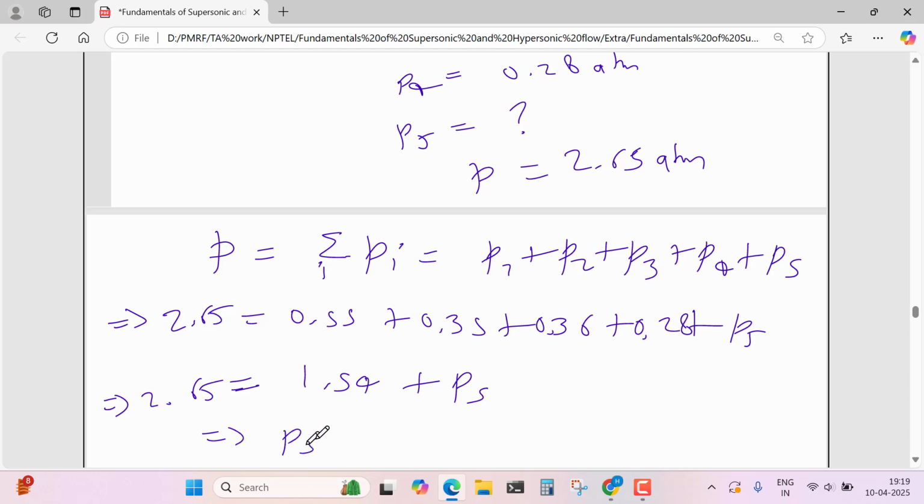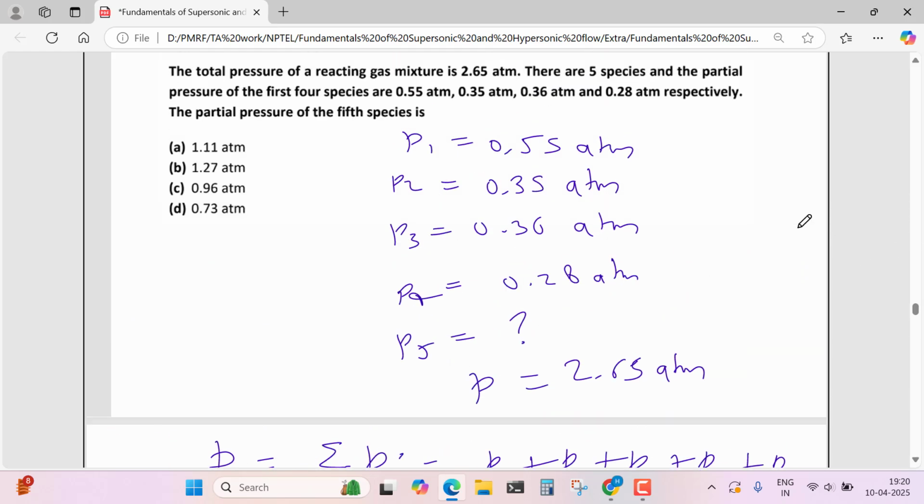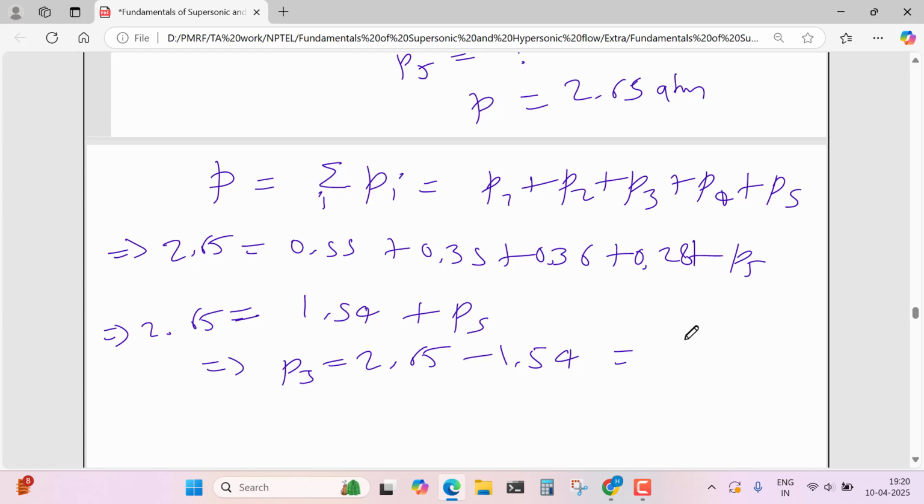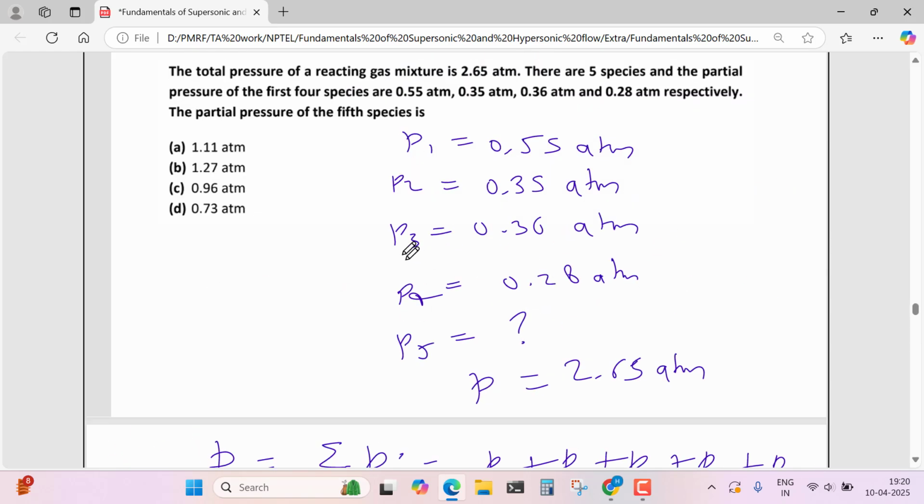So P5 will be equal to 2.65 minus 1.54, which will be equal to 1.11 atmosphere. So the partial pressure of the fifth species is 1.11 atmosphere.